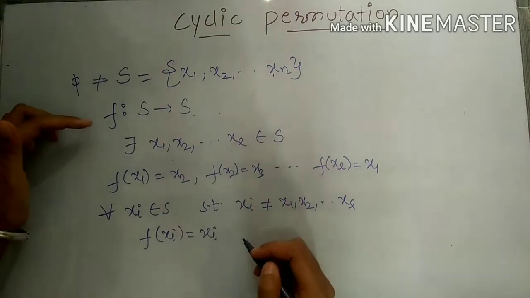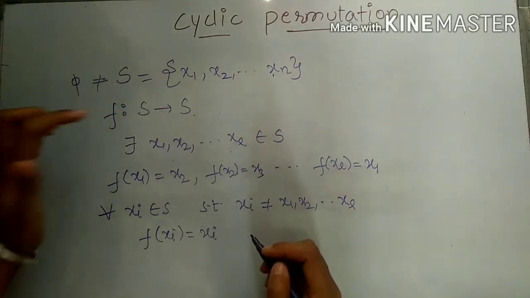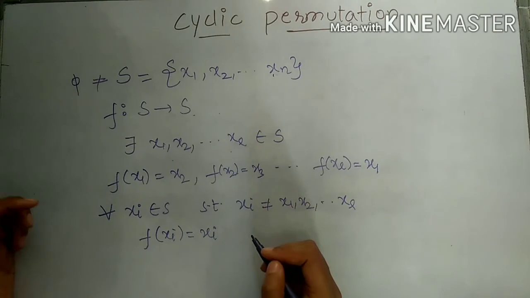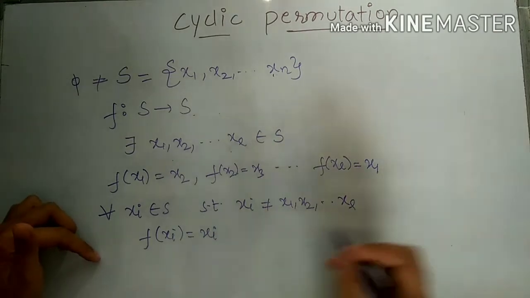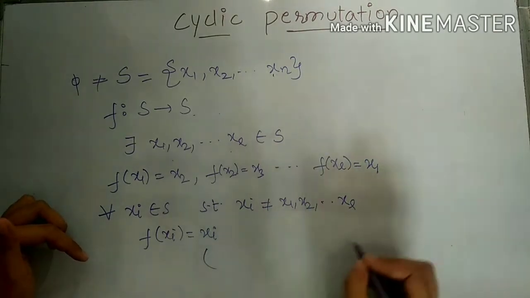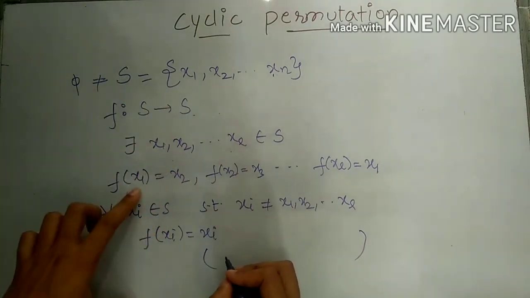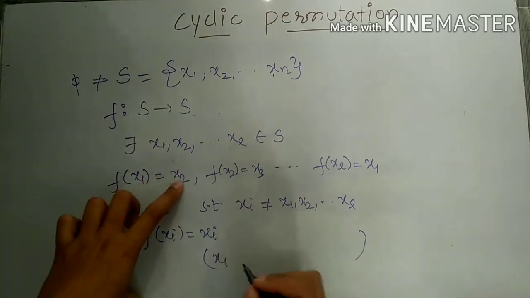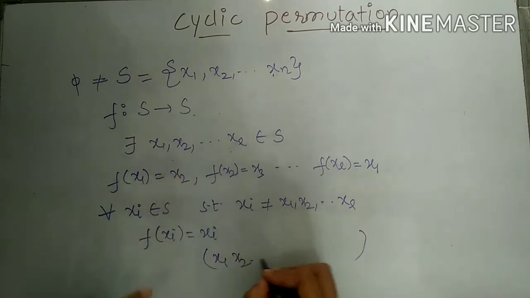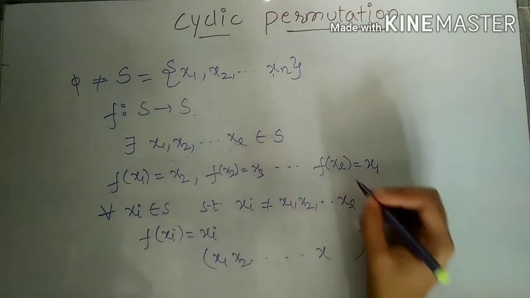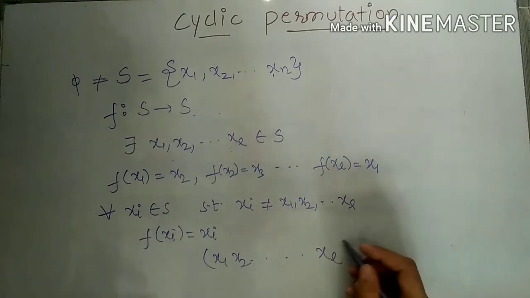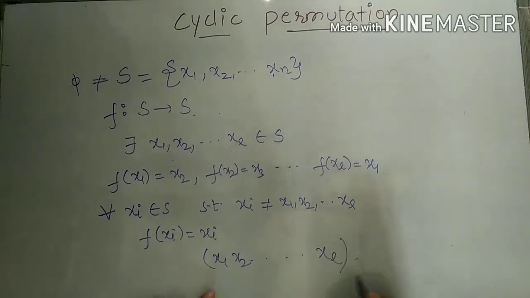Then we call this permutation f on the set S a cyclic permutation. And how do we represent it? First we write x1, the image of x1 is x2, up to xl. We represent this permutation like this, and this is called a cyclic permutation of length L.